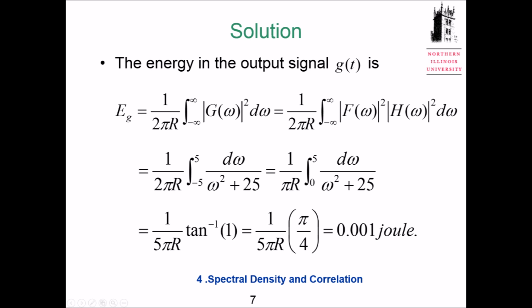So when your signal passes the low-pass filter, energy is less, right? So E of G is 0.001 joule.